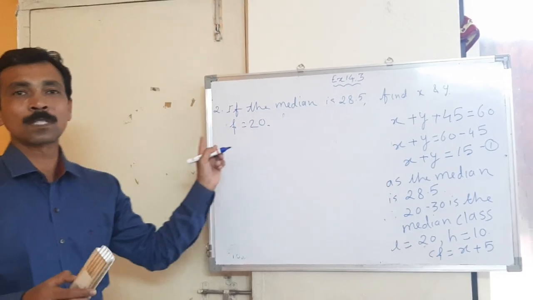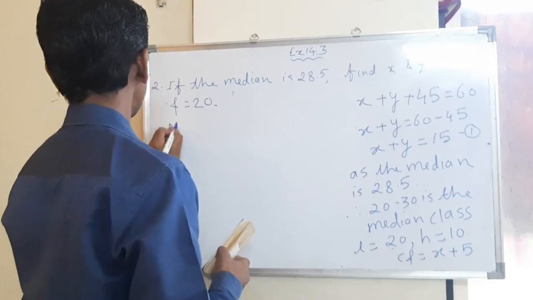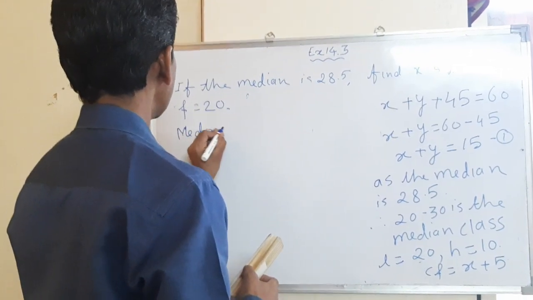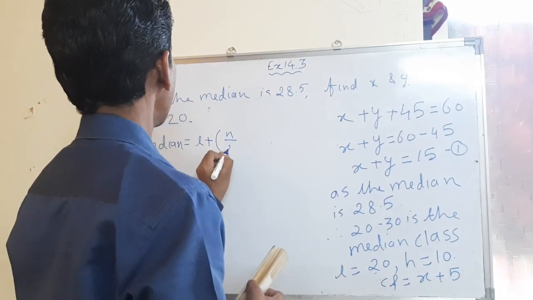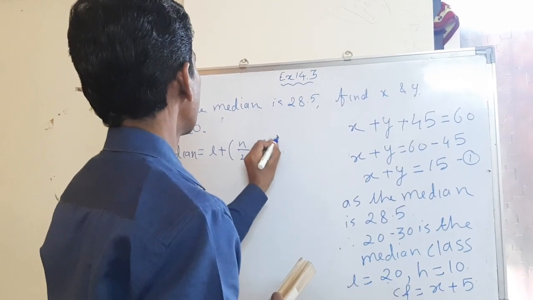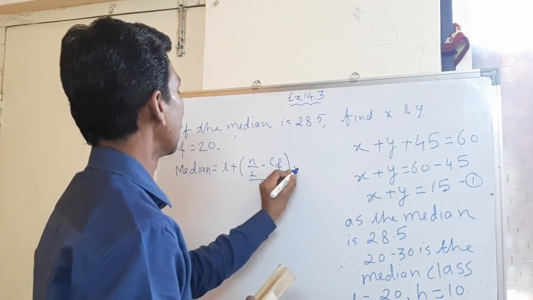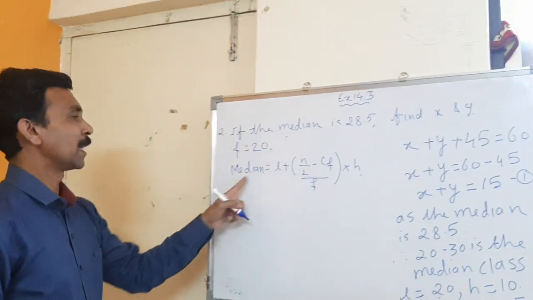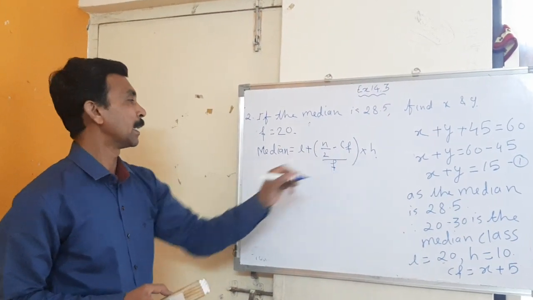I'll put all these values in the formula. The formula you know very well: Median is equal to L plus (n by 2 minus CF) upon f into h.